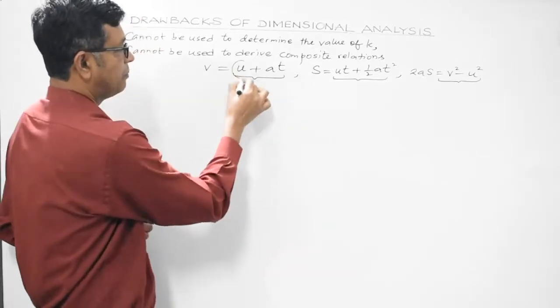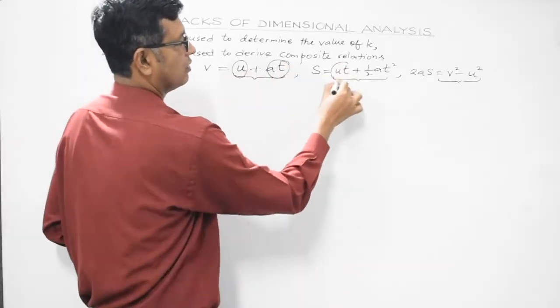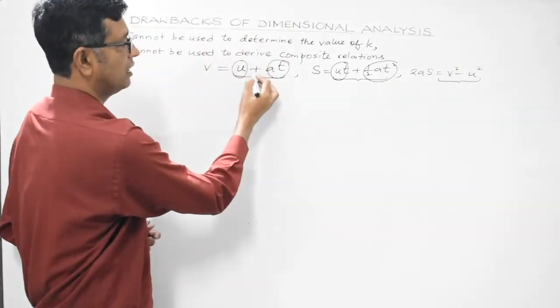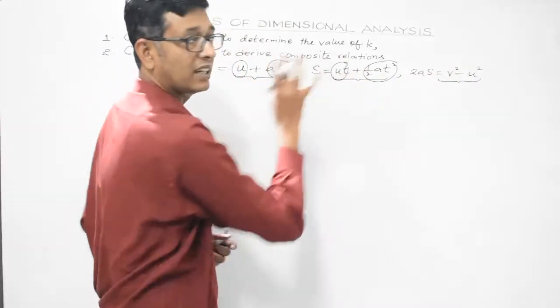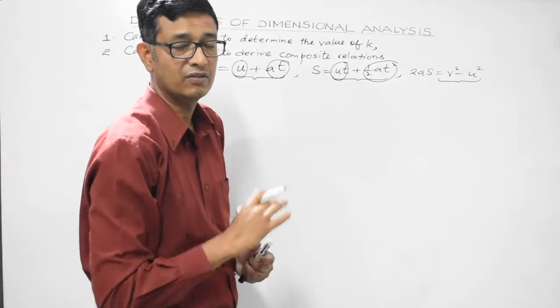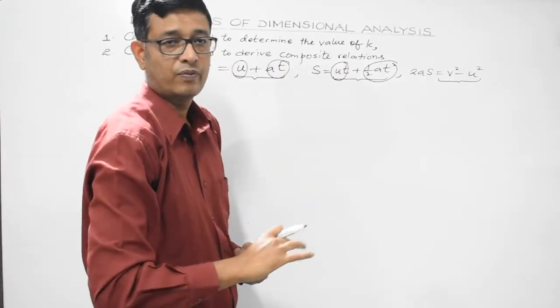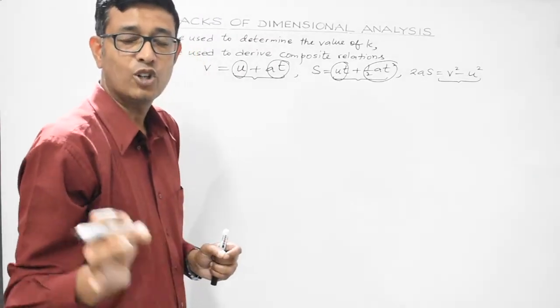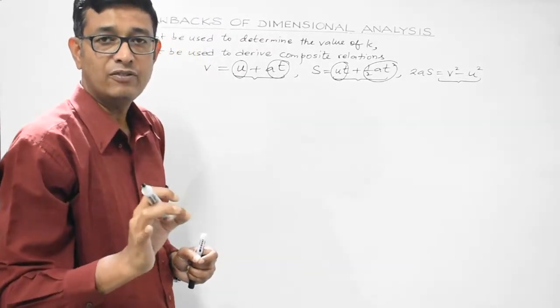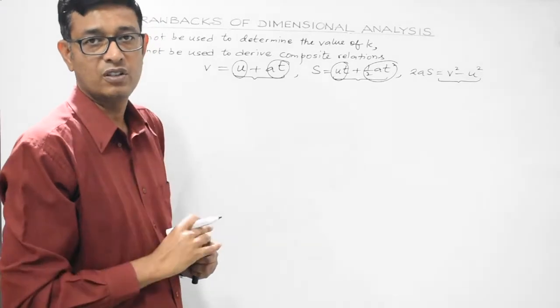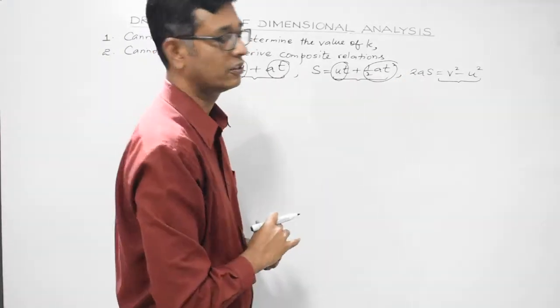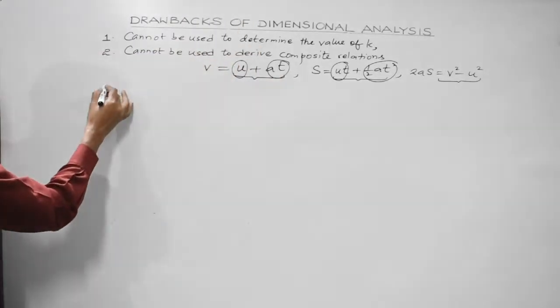It can be derived in parts, you can derive the expressions in parts. But again, the question will arise, what will be the sign between them? Positive or negative? So dimensional analysis cannot be used to derive composite relations. These are the examples of some composite relations. Right? This is the second drawback.